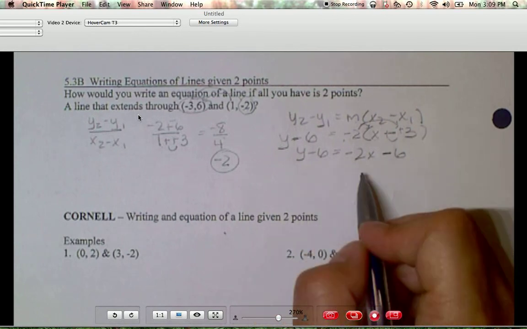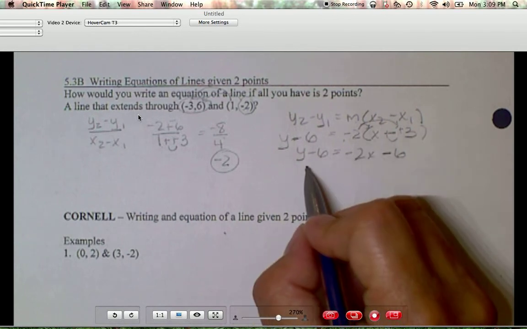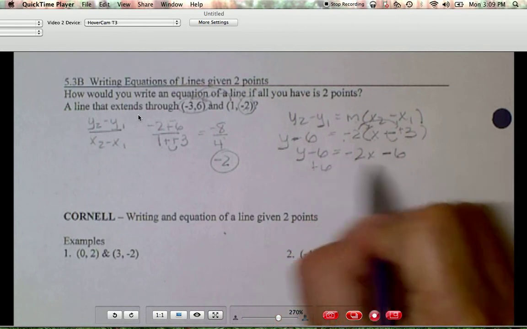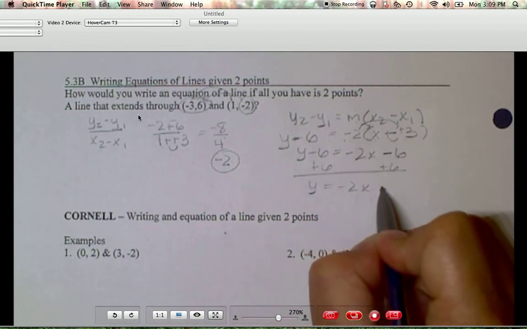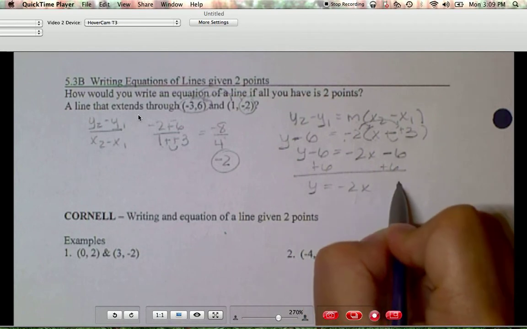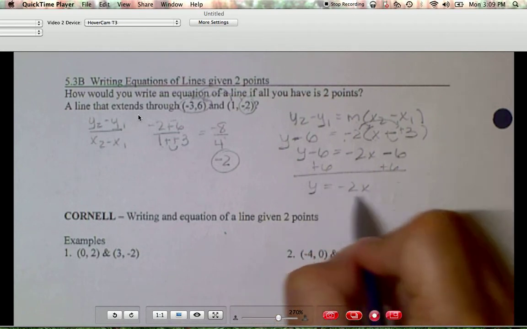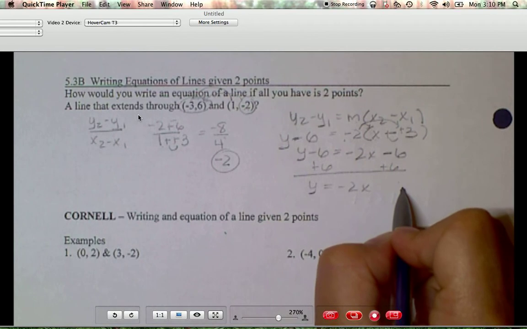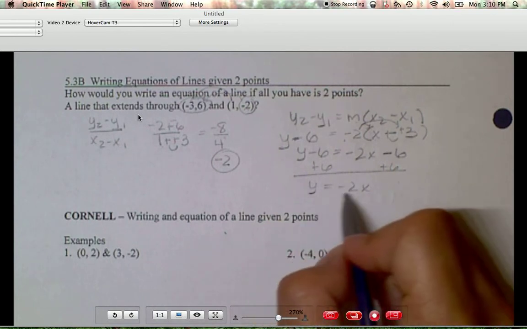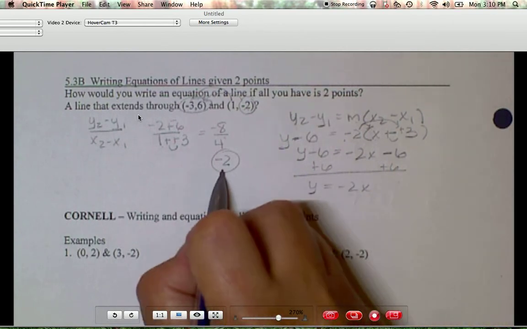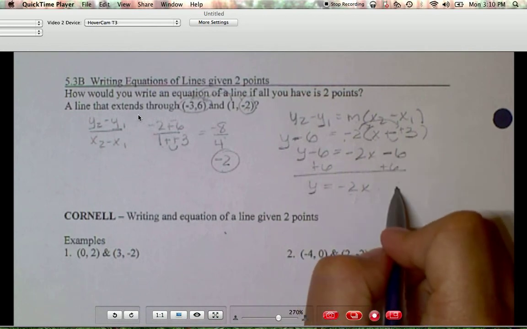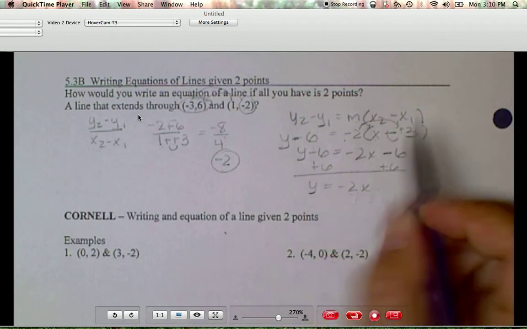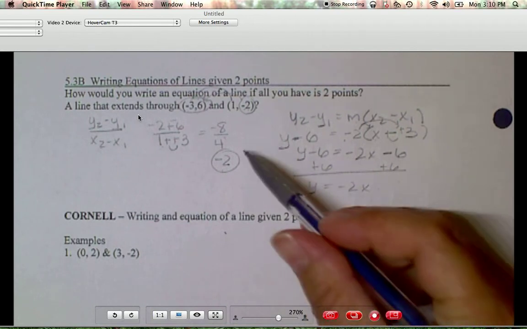And we want to remember to finish this up by getting y alone, so we add 6 to both sides, and we get y equals -2x plus 0, or just leave it blank. We would have to simplify that 0 anyway, so we just leave it. So the slope is -2, which is what we thought, and the y-intercept in this case would be 0, because there is no y-intercept. So these are the steps that we're going to put on our Cornell note sheet, what we just did here.